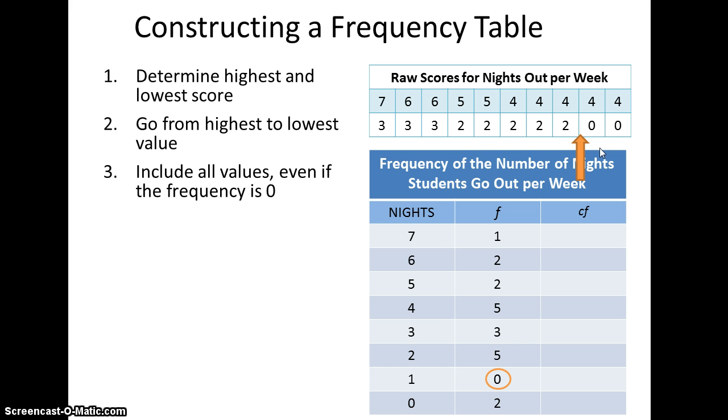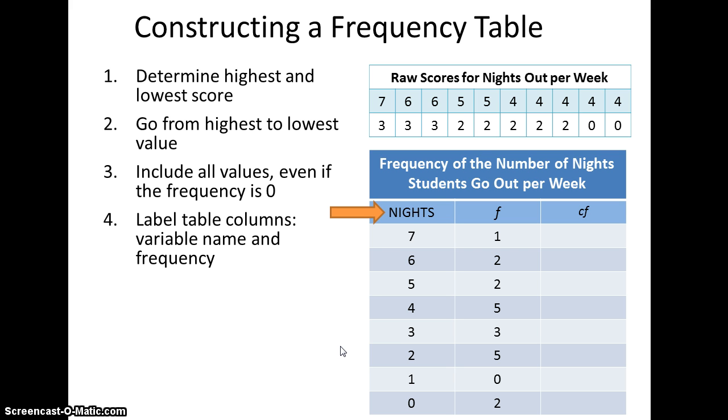There's nobody who went out 1 night per week. And so in that case, we still list that possible observation and put in a frequency of 0. Now, if we didn't have anybody who reported 0 nights per week, like never going out, then we could end our table at 2 as being the minimum number.